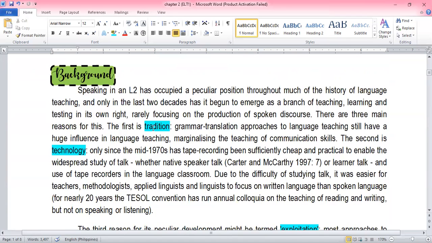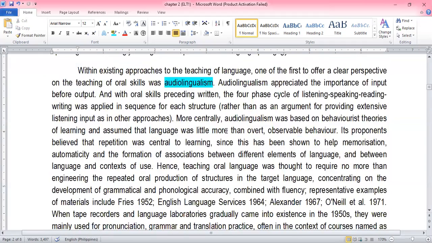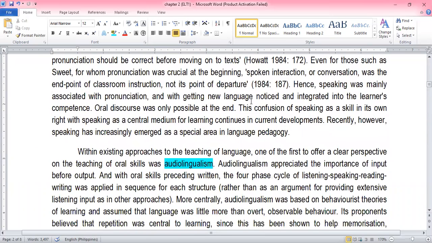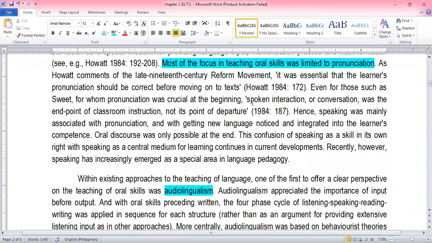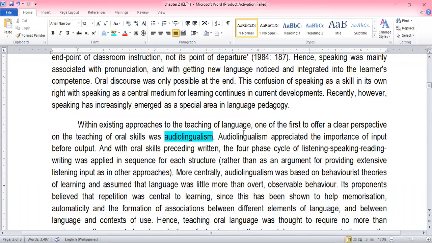So speaking has been tied up only as a method of instruction because of three reasons: tradition, technology, and exploitation. And then most of the focus in teaching oral skills was limited to pronunciation. And then later on, instead of focusing only on that part, they tried to look at it in a behavioral perspective.